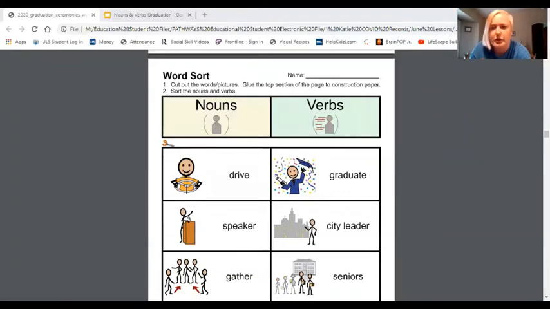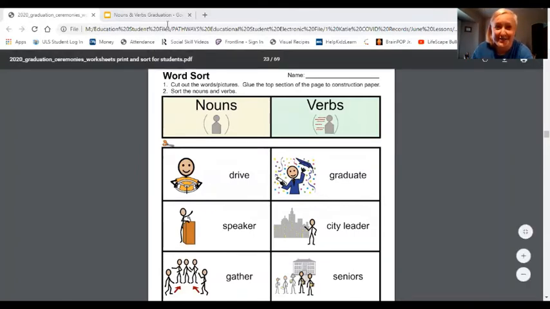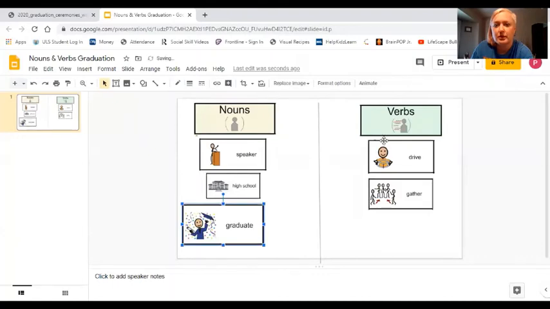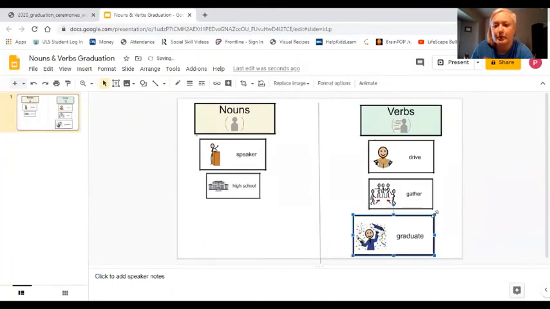This is kind of a tricky one because you could also read it, because it's spelled the same way as graduate, which is a person who is graduating or who has graduated. But this month, our vocab word was graduate, which means the act of finishing school or graduating. So graduate is a verb, the act of graduating.